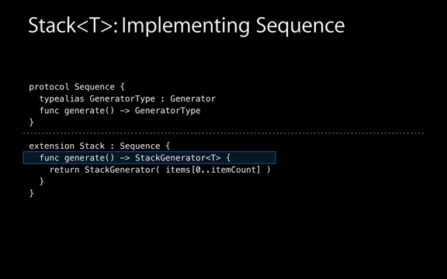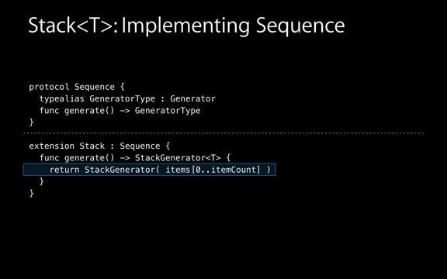Next, I want you to notice that I haven't given the associated type explicitly, right? It gets deduced from the signature of this function, which returns a stack generator, which is the thing we just created. Lastly, I want to point out that there are some circumstances where you don't even need to write the type parameters on a generic type.